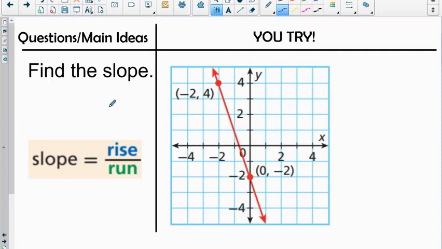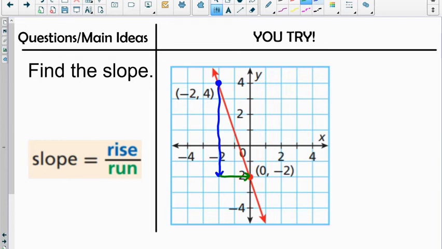Let's start by calculating the rise. If we start at the point furthest on the left, -2, 4, my rise is if I go down to the level of the other point. My run is when I go over horizontally to the other point.